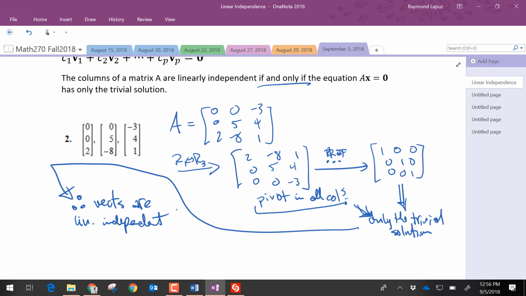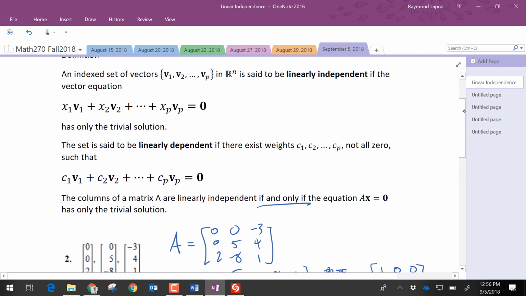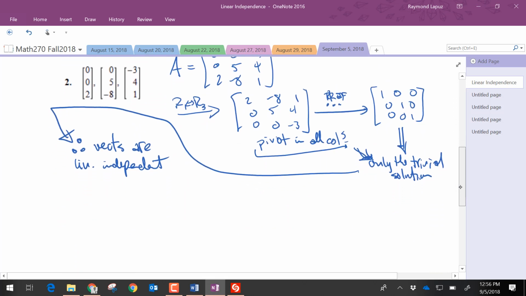So the definition of linearly independent is this, to say that if you write them as a linear combination of each other, then the only way you can get 0 is if they're all equal to 0. So let me write that out real quick, and I'll get your question.